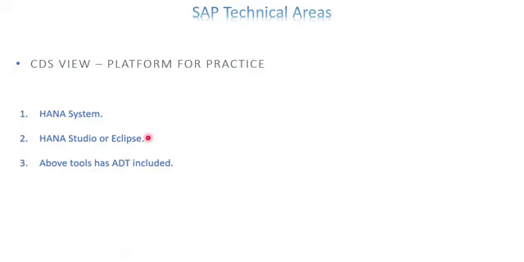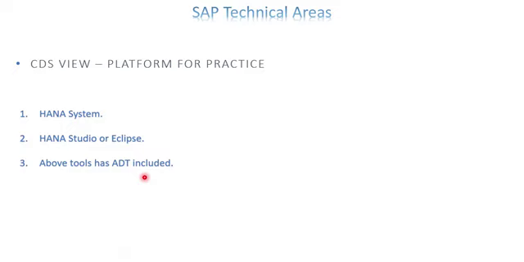Once it is downloaded and ready, make sure your HANA Studio or Eclipse is updated with ADT included, the ABAP Development Tools. This is kind of an add-on. It needs to be included in your Eclipse or HANA Studio. Then your Eclipse or HANA Studio is ready to add your HANA systems. Once the tool is ready, you need to include your HANA systems. Then you can start developing the objects on top of your HANA system.